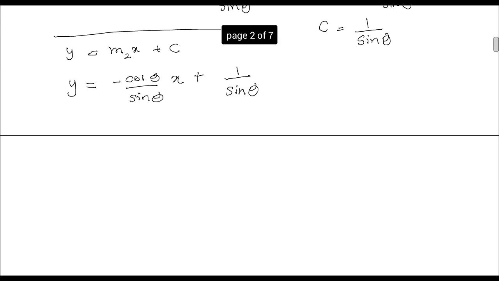Just rearrange the terms, times it by sine theta, everything. So I'm writing that step. Normally you don't need to, but I'm making it easier, so I times it by sine theta equals everything.